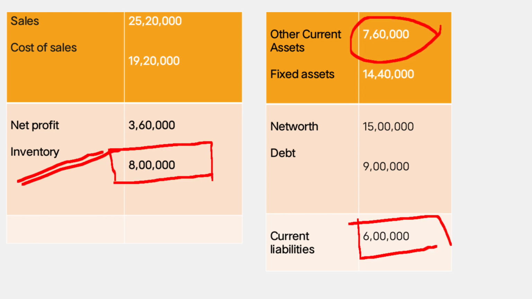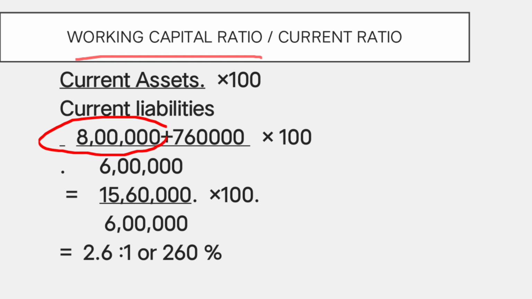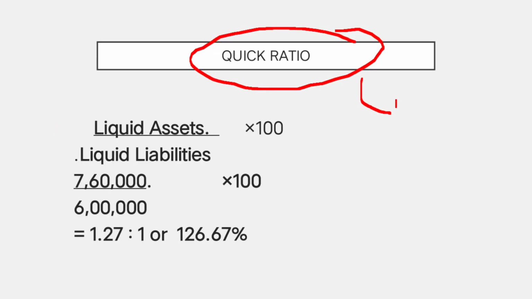While calculating the liquid assets, what are we leaving out? Stock. We don't want the stock, so here only take 7,60,000 divided by 6 lakh into 100. You will get 1.27:1, or 126.67%.